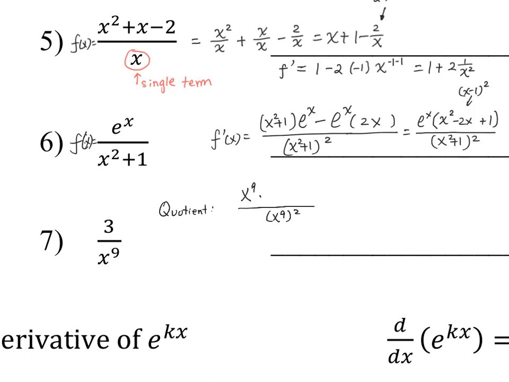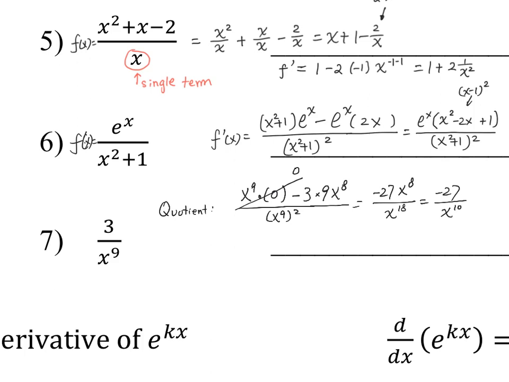So low times the derivative of high, which is derivative of 3 is 0, minus high d low, 3 times the derivative of x to the 9th, which is 9x to the power 8. And this is 0. And this gives me 27x to the 8th. The bottom I have x to the 2 times 9, is 18. And after the cancellation, you have x to the 10 on the bottom.